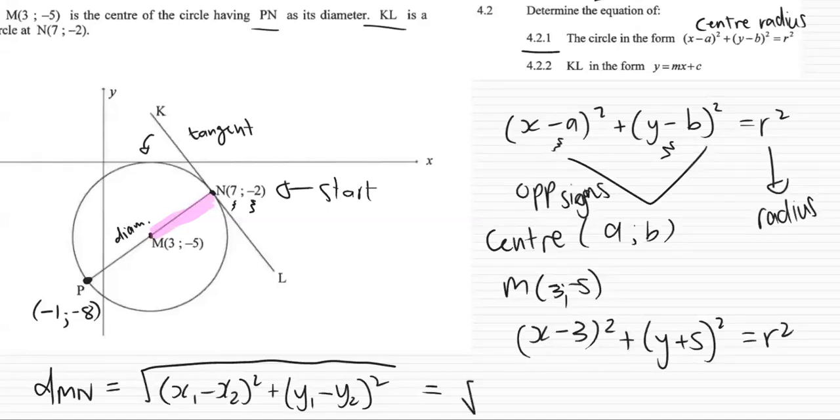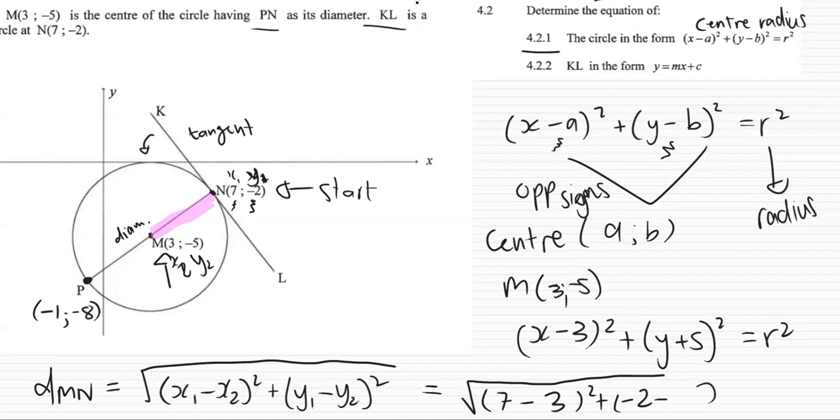So it's the square root of (7 minus 3) squared plus (minus 2 minus minus 5) squared.